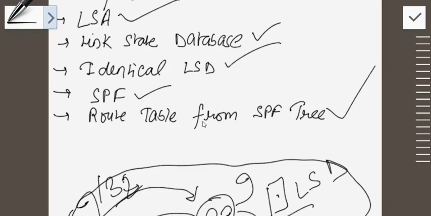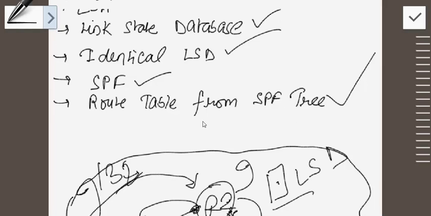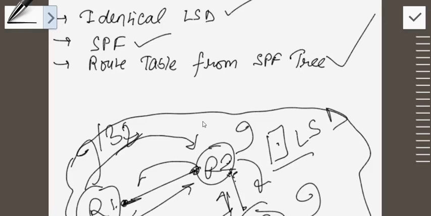You might be getting very confused about what exactly this LSD, link state database, hello protocols, and all those things are. But this is just a high level understanding. We'll touch upon each and every aspect of it in depth.